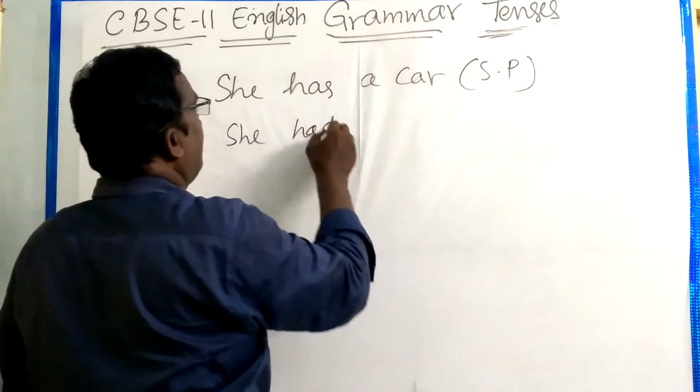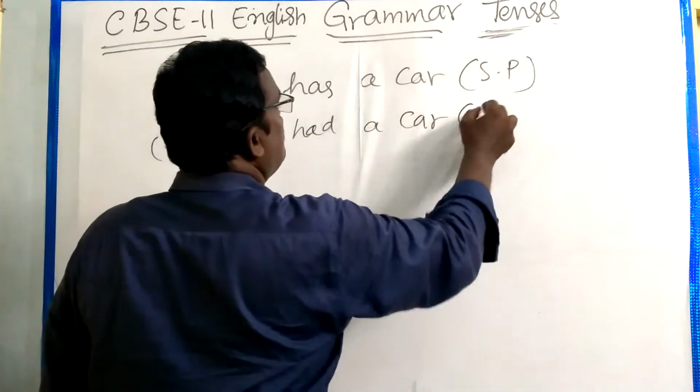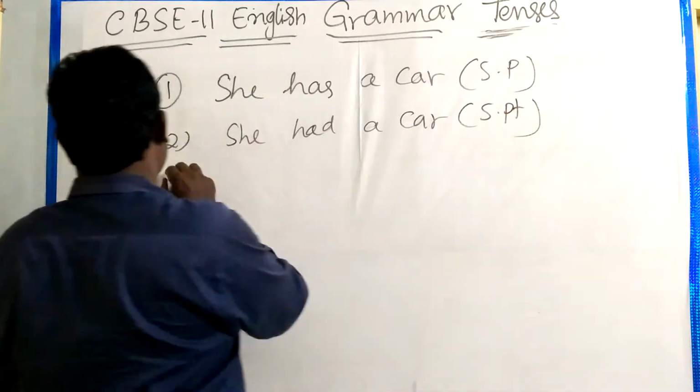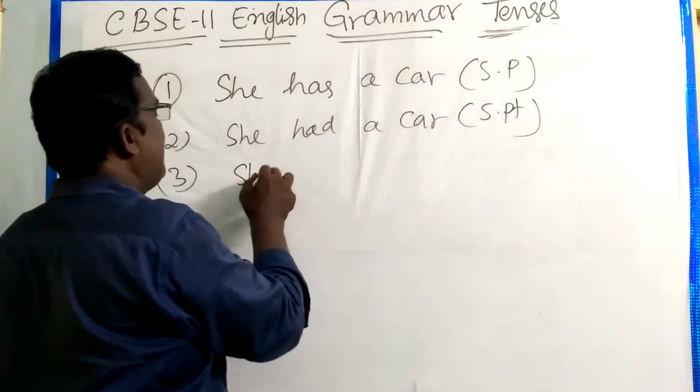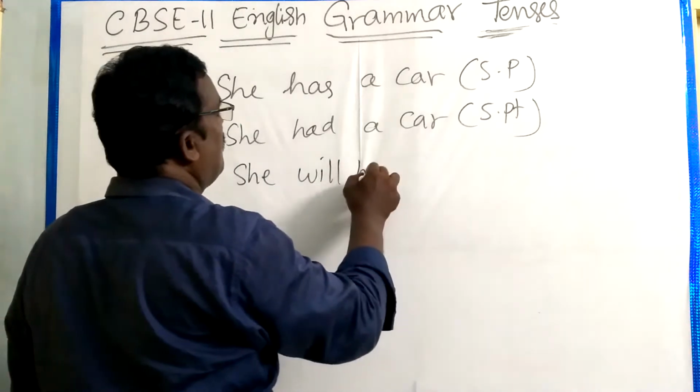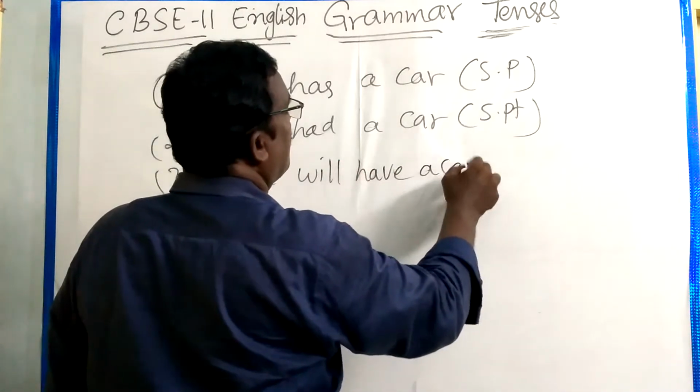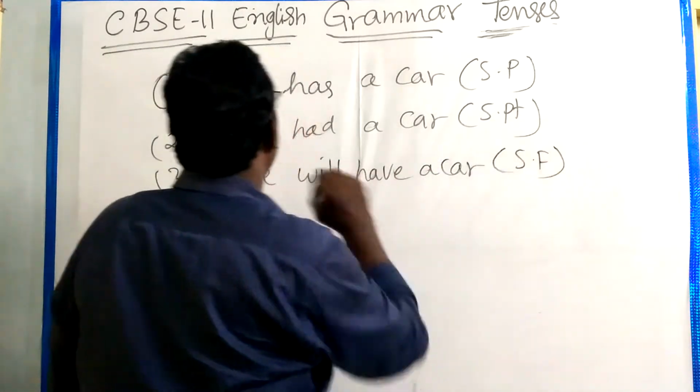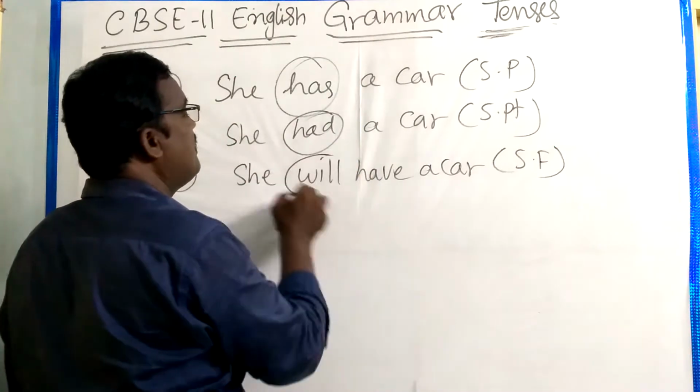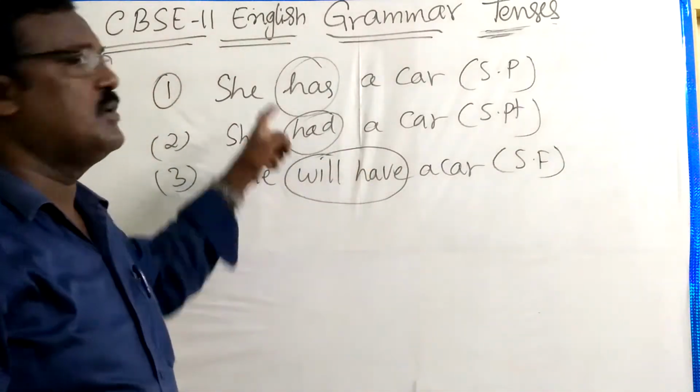She had a car, simple past. She will have a car, simple future. My students, see here the difference of the verb form we have to identify.